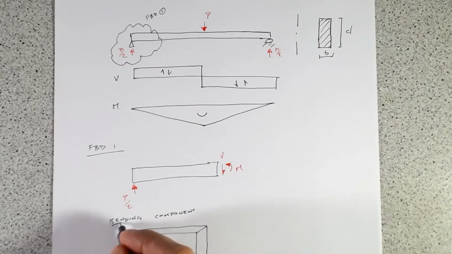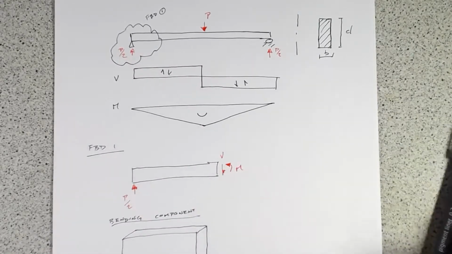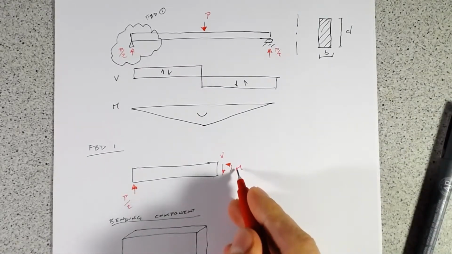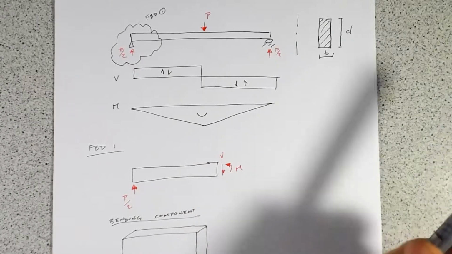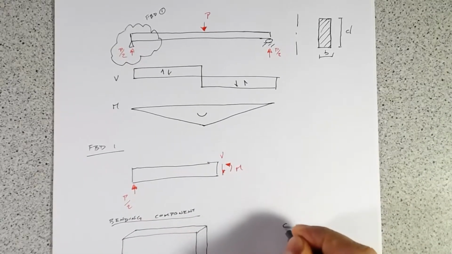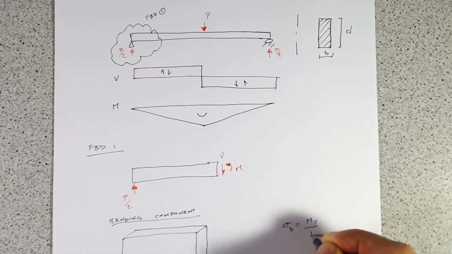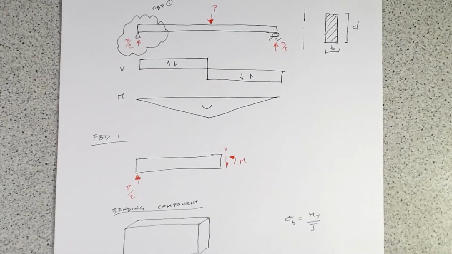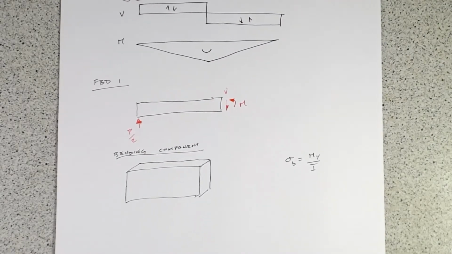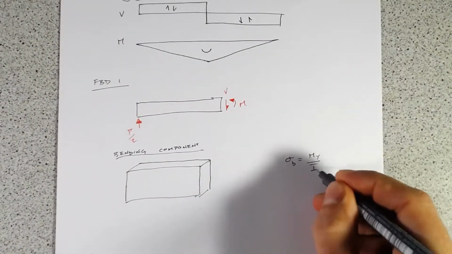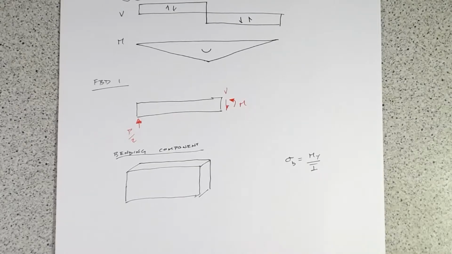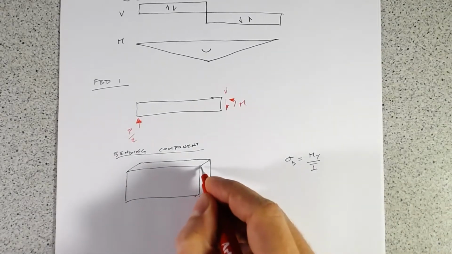So just the bending component, so just from this moment, we know that our bending stress equals My over I. So our bending stress varies linearly with the depth of the section, and it's going to be dependent upon the second moment of area, or the moment of inertia, I, of the section. And so we'll just draw that out.